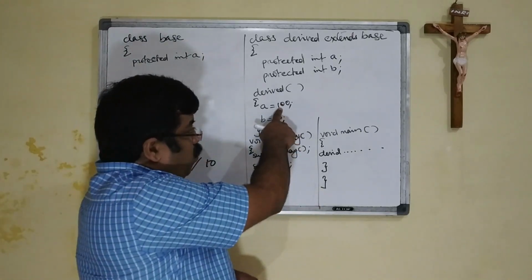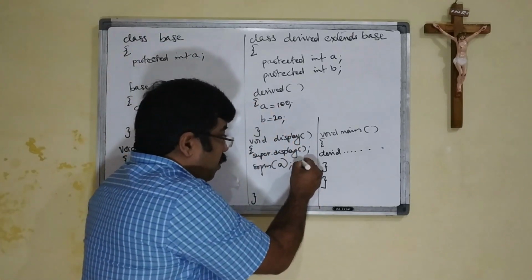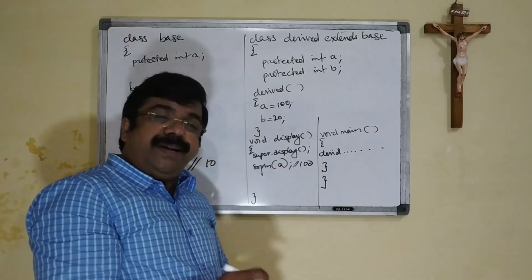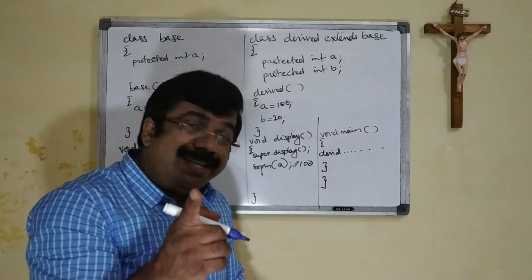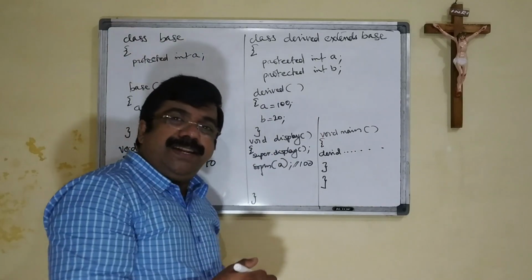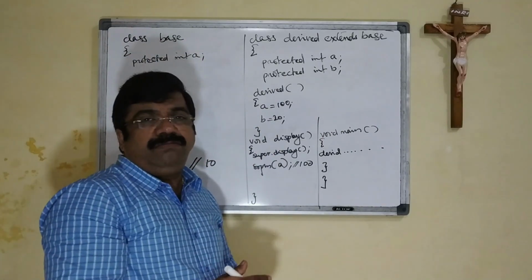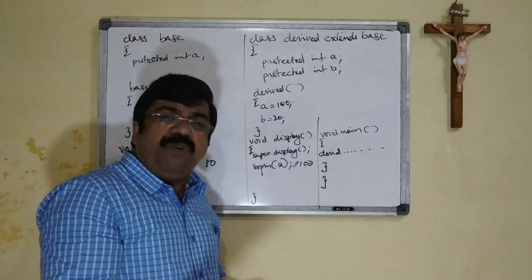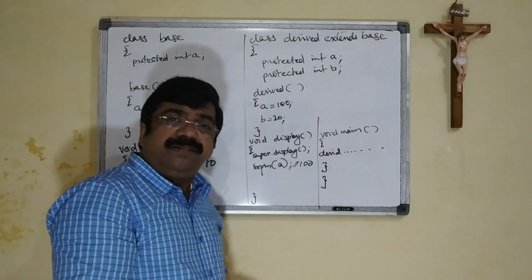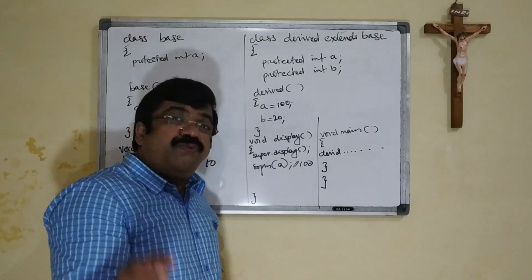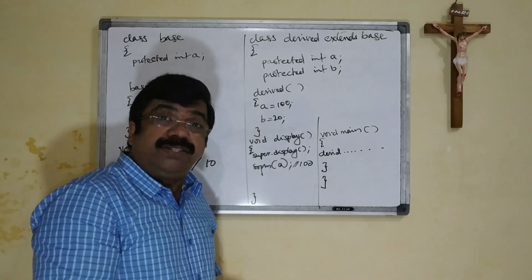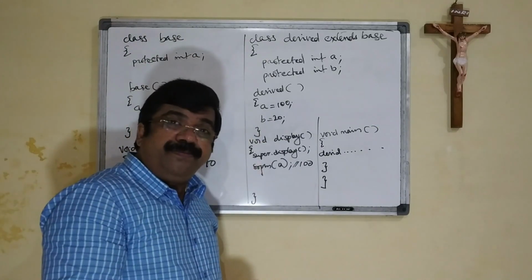In the current class, what is the value of A? It will print 100. We are not getting the value 10. But the thing is that we want to get the value of A from the base class. Then what will we do?